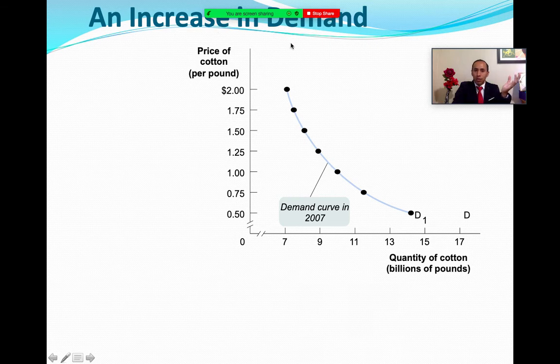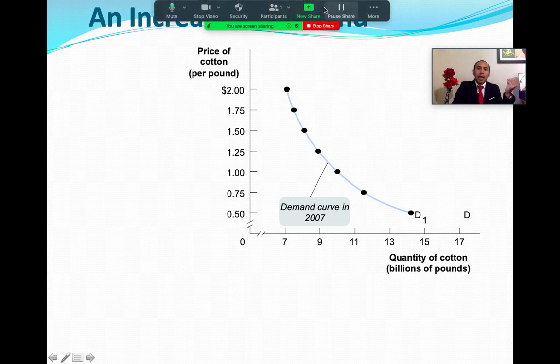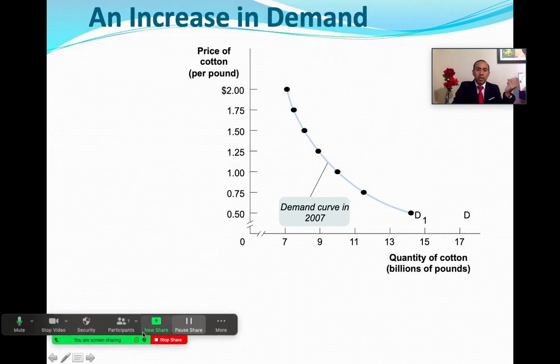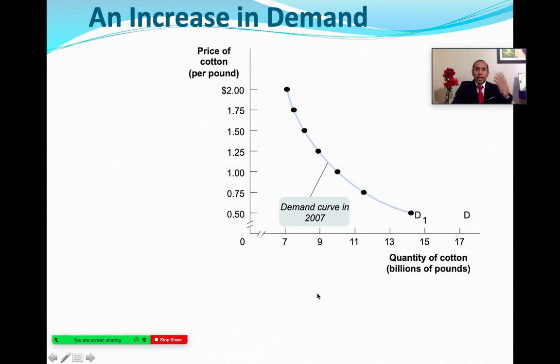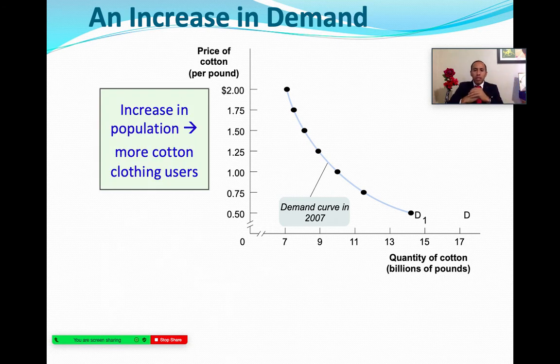An increase in total demand, when the demand curve increases significantly, the demand curve, let me move this down here, actually shifts. An increase in total demand is due to external factors, things that happen in society, like an increase in population that increases the number of consumers and increases the need for more clothing that is made of cotton or polyester.